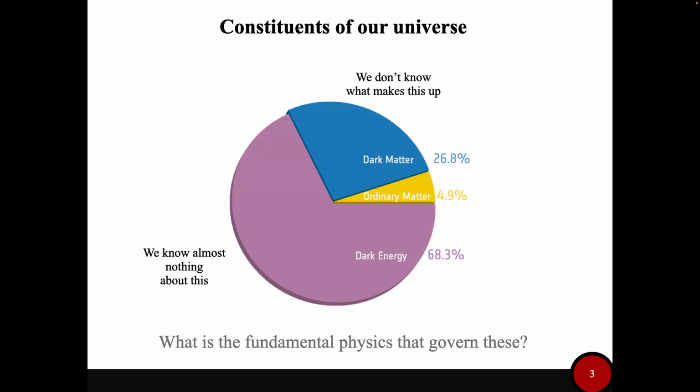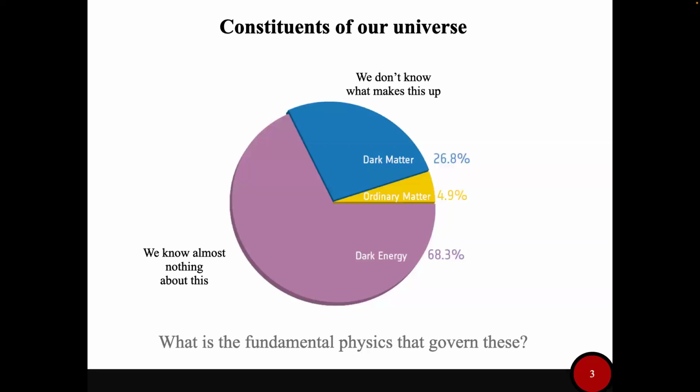Then there's also another thing which we call dark energy, which is about 70% of our universe, and the only thing that we know about dark energy is that it's responsible for the universe expanding. There's a lot of research going on in these two sectors, in which we're trying to find out what is the fundamental physics that governs them. We understand the fundamental physics that governs this sector over here, which is called the standard model of particle physics.